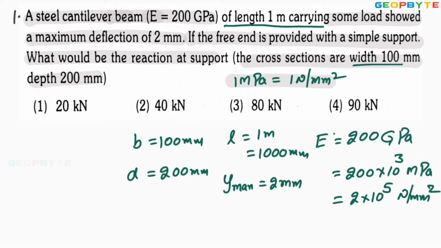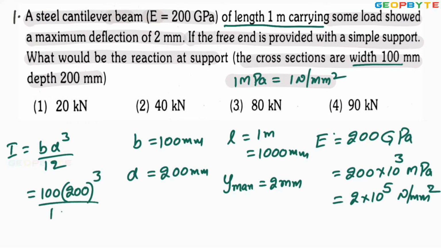First let us find the moment of inertia I equal to BD cube by 12. It is equal to 100 into 200 cube by 12. That is the moment of inertia.